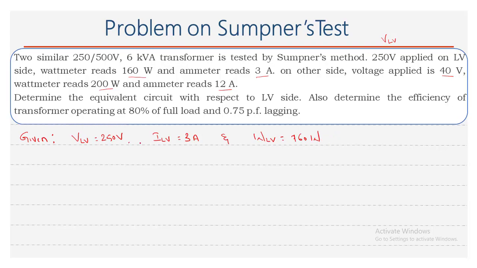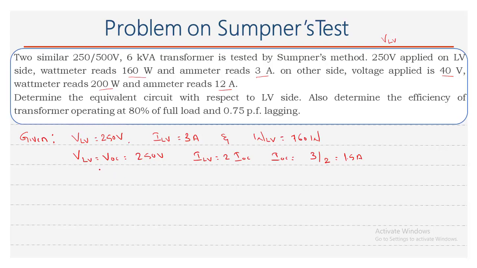Now we will convert these values into open circuit test and short circuit test values. As this is in parallel, VLV is equal to VOC, and that is equal to 250 volts. As the current will get divided, ILV is equal to 2 times the IOC. Hence the current IOC is equal to 3 by 2, that is equal to 1.5 amperes.